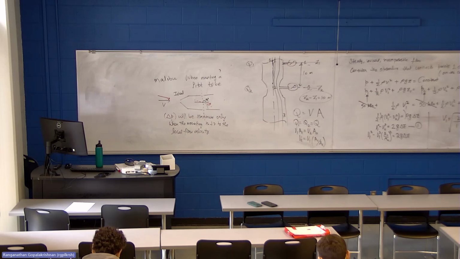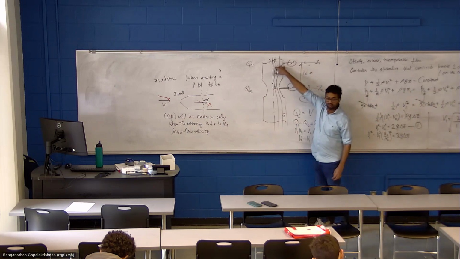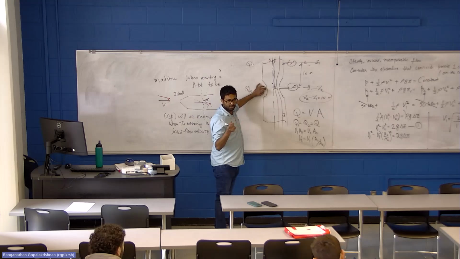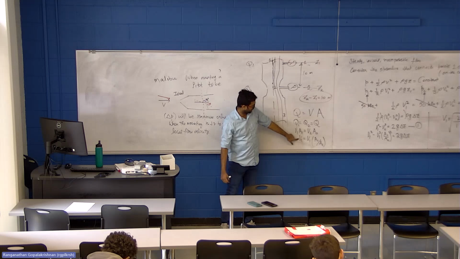Are we okay? Okay, this is velocity at cross section 1. If you wanted the velocity at the throat, the lowest cross section, you can simply take V1 and use the area ratio to get V2.